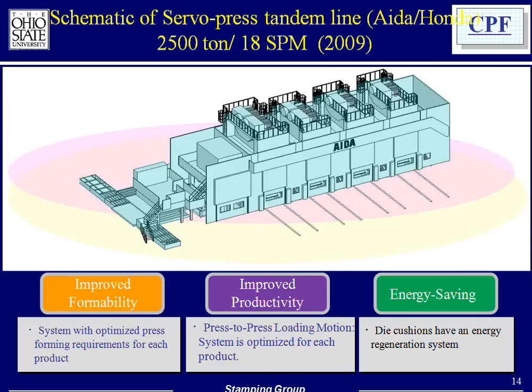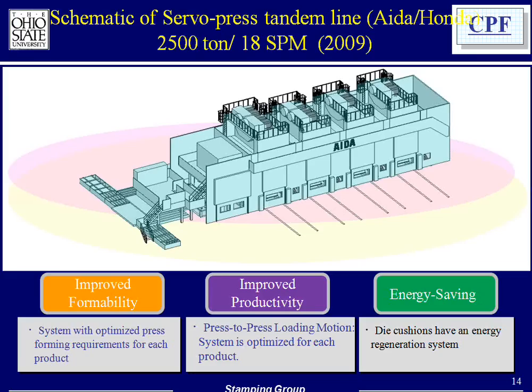Slide 14 shows a schematic of the Honda Suzuka press. The first station is the draw station. These are tandem lines. One of the reasons people use tandem lines is that you can adjust the speed of the ram on each press independently, and especially if you start forming high-strength alloys, then in a transfer press, in the first station you have a larger force, and you have a tilting of the ram.